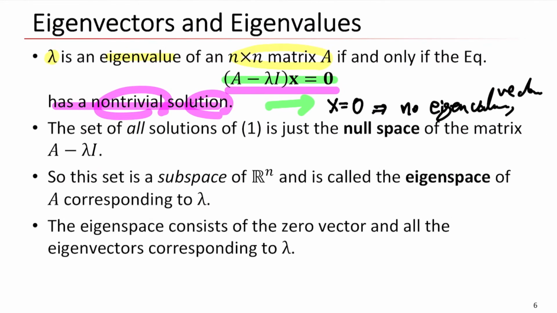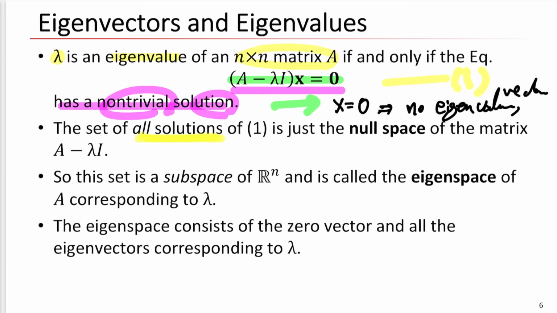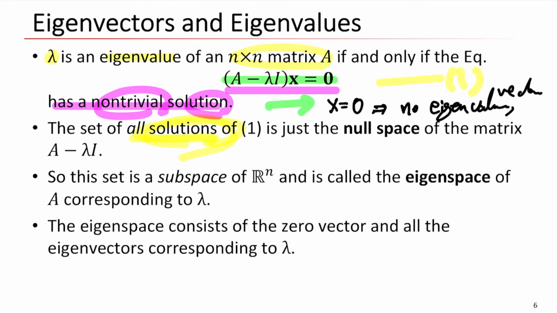Let's say this is equation 1. The set of the whole solution includes the zero vector and the non-zero vectors, because this is a homogeneous system, right?